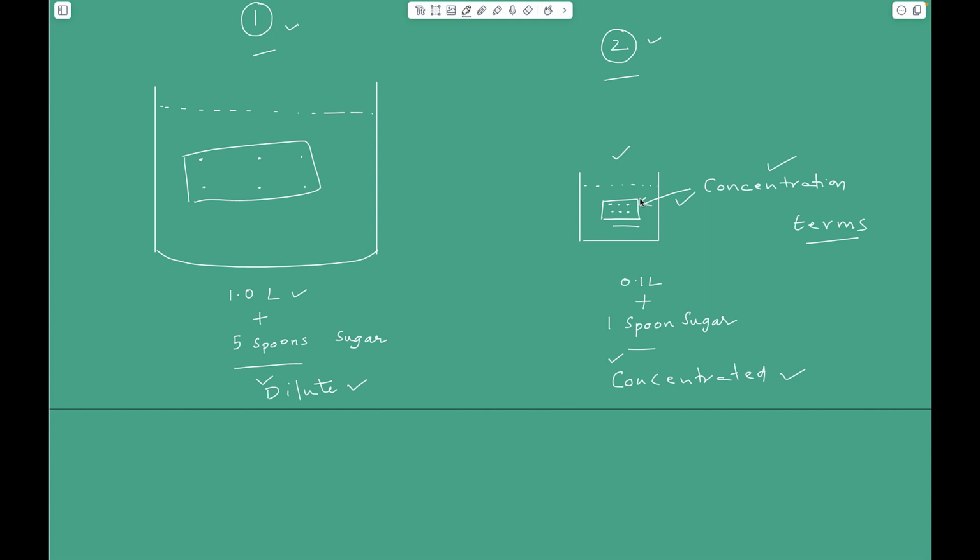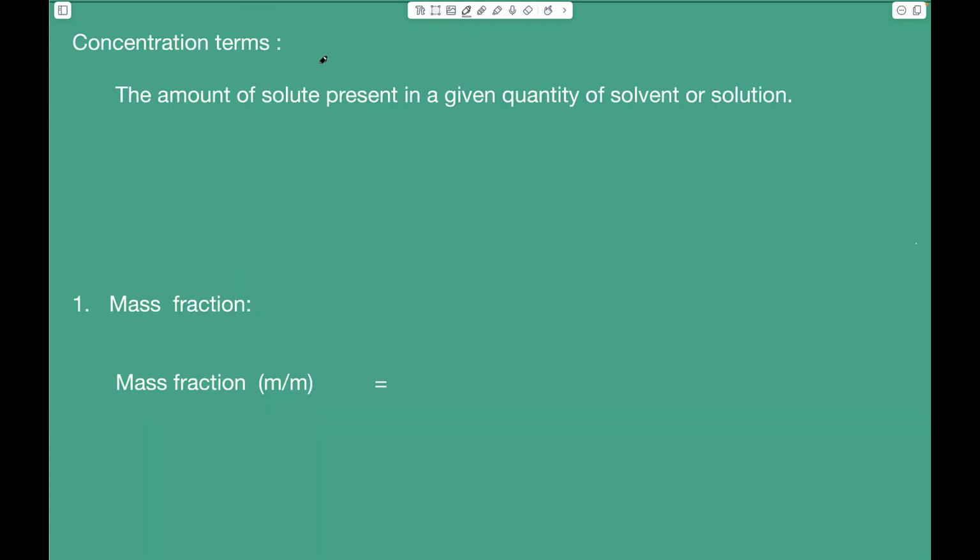Now, let us try to understand the various commonly used concentration terms. Now the question is, how do we assign a value to the concentration of a solution? By the way, what is the concentration of a solution?